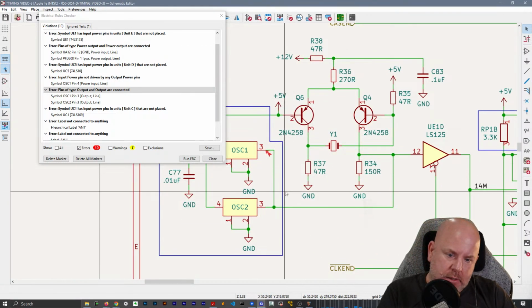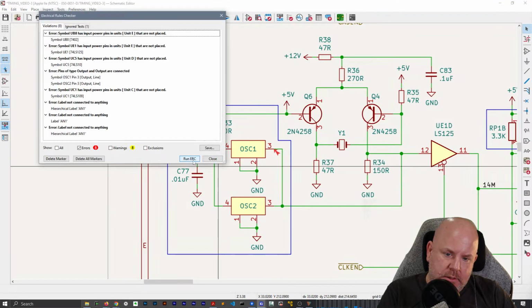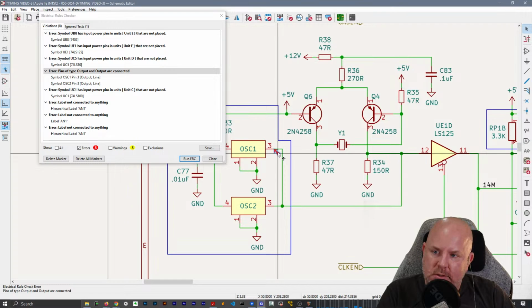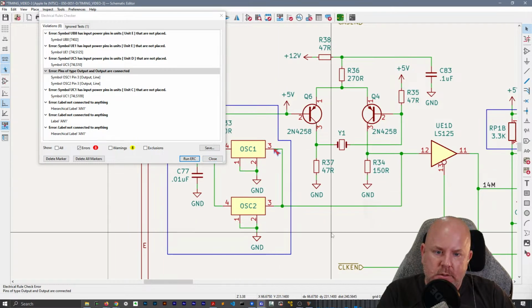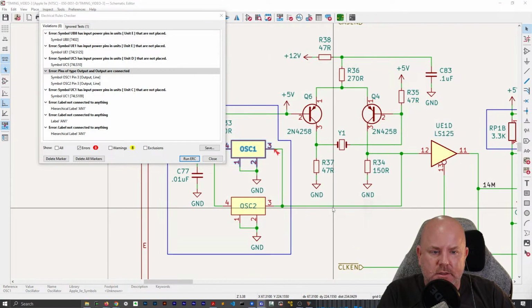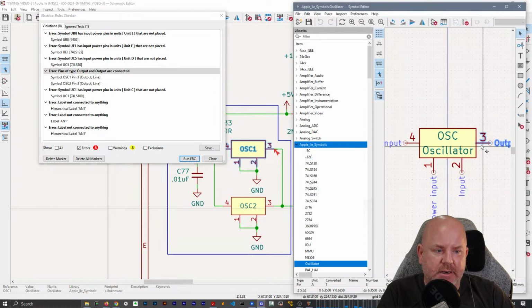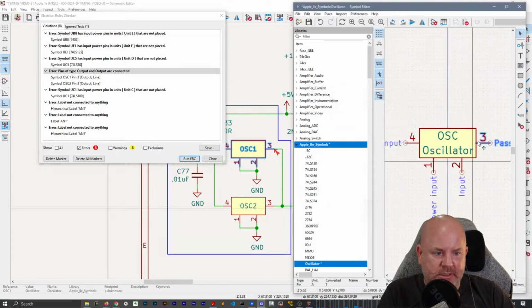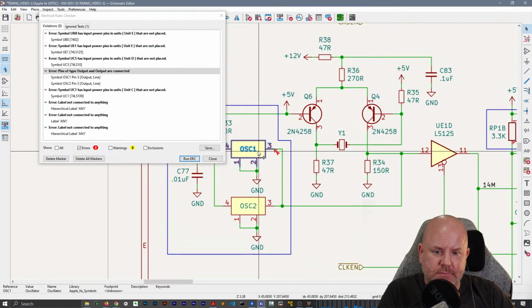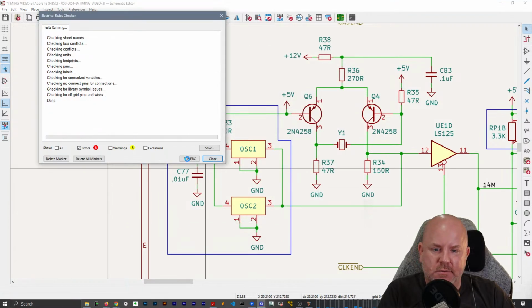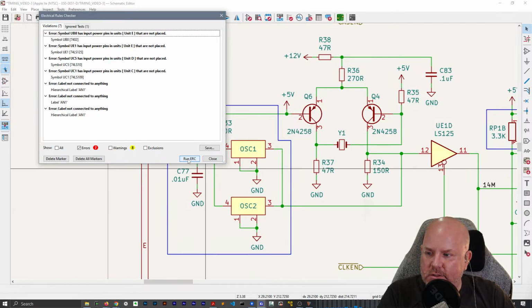I should have gotten rid of that. Did I not? Oh, I know what I did. I edited the actual symbol. Rookie mistake, James. Rookie mistake. Update symbols, everything that matches this one now. All right. That should go away. And gone.